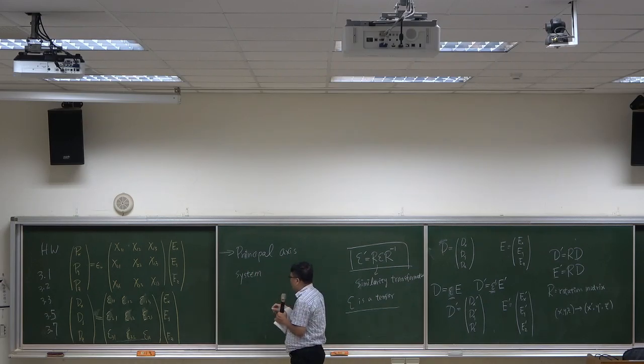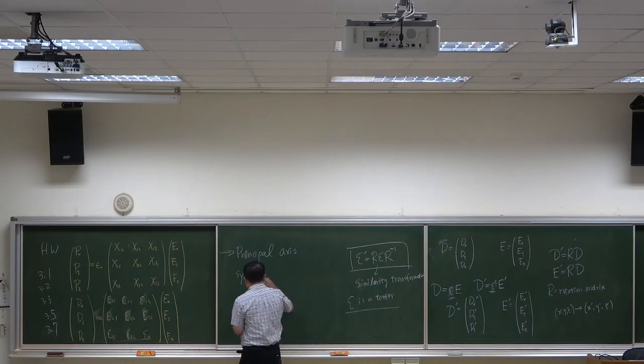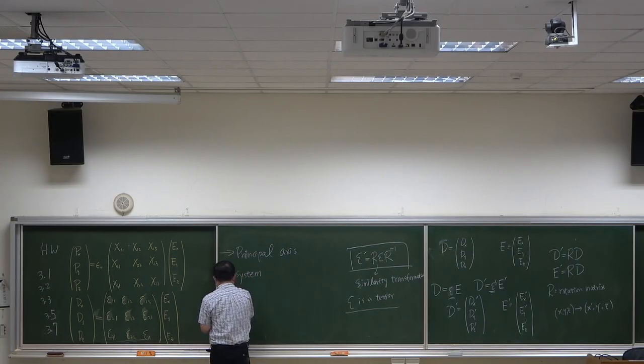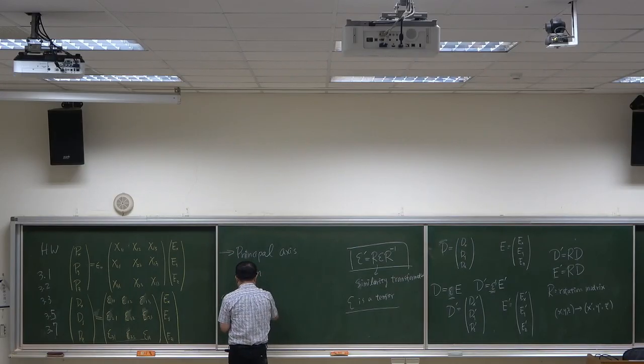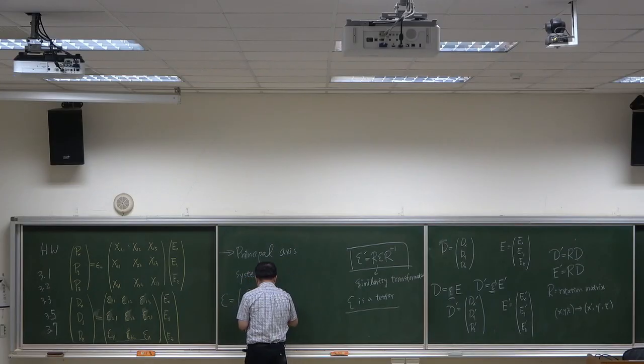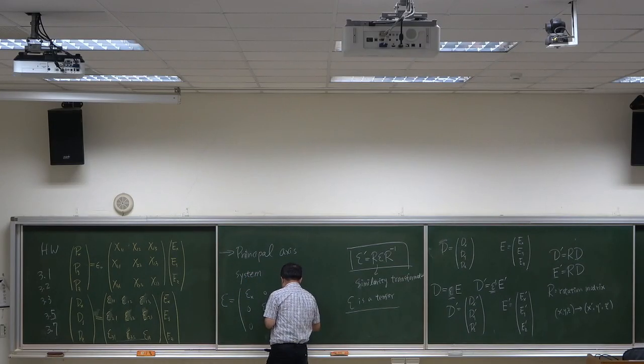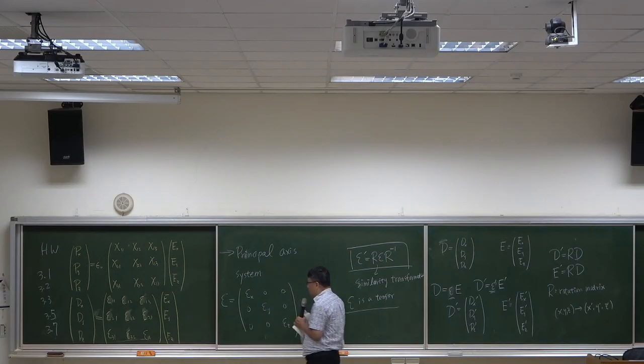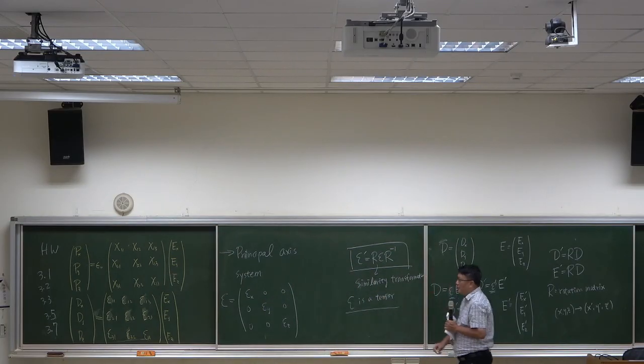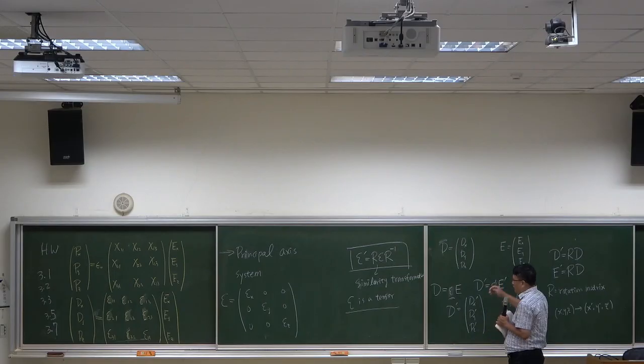In the principal axis system, we have epsilon written as epsilon x, 0, 0, 0, epsilon y, 0, 0, 0, epsilon z. We change our coordinate system.